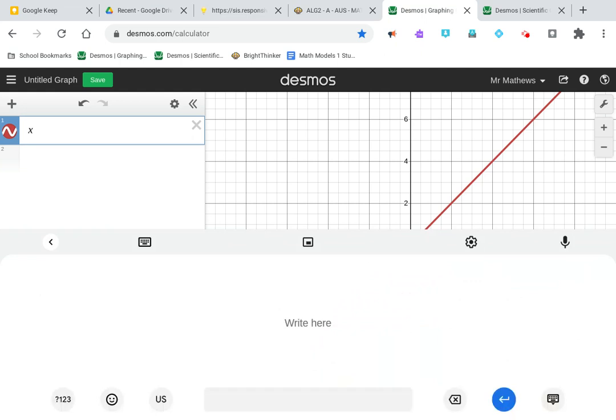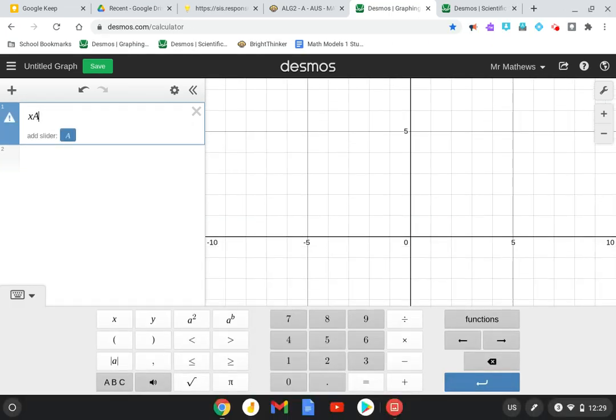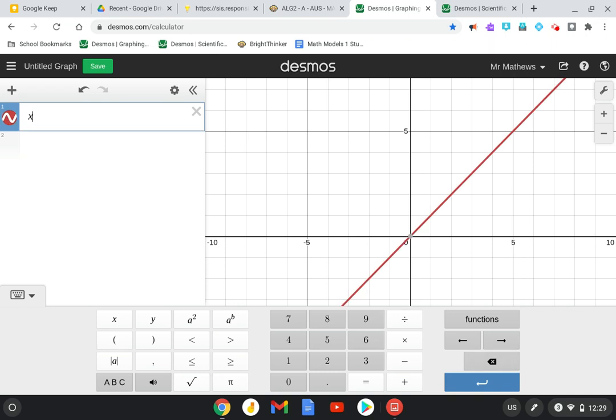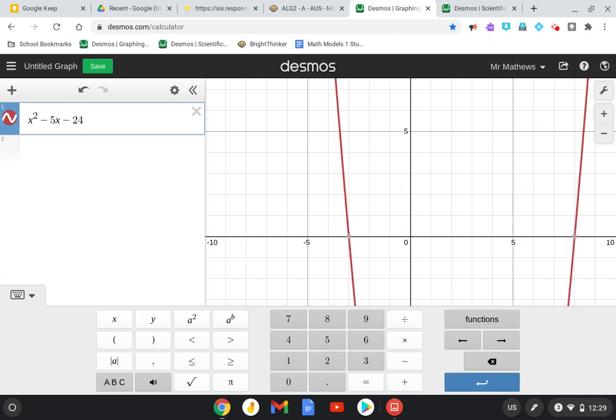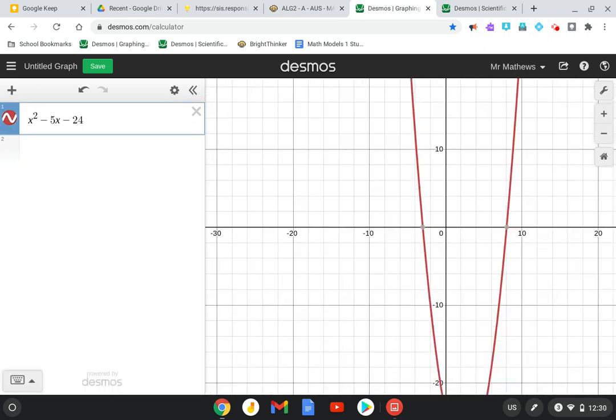Let's open this up. Sorry about that, everybody. There we go. X squared minus 5x minus 24. And we can see we have solutions at negative 3 and 8, which is what we found over here.